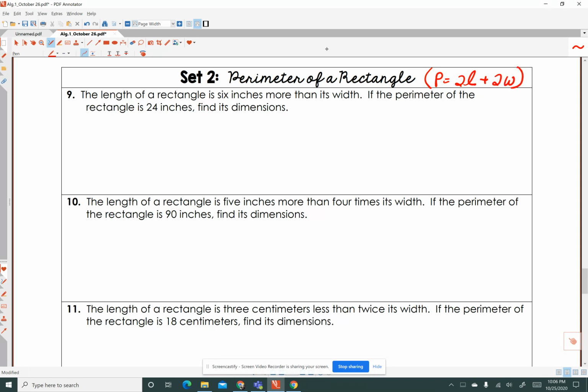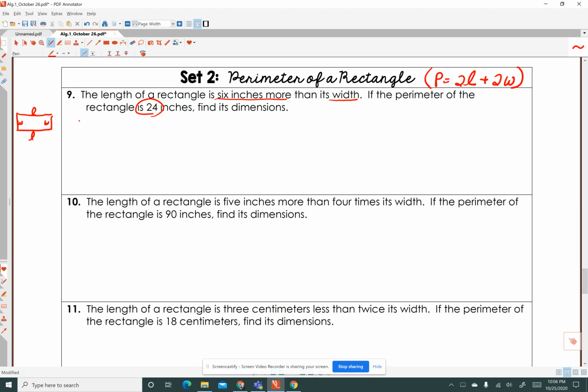And that's because when we have a rectangle with 2 sets of parallel sides, we have 2 widths and 2 lengths. So here, number 9 tells us that the length of a rectangle is 6 inches more than its width. If the perimeter is 24, find its dimensions.